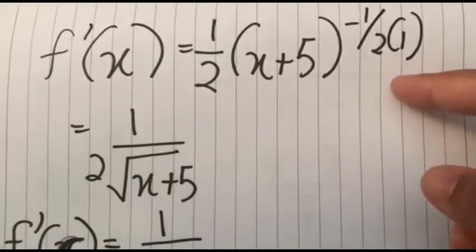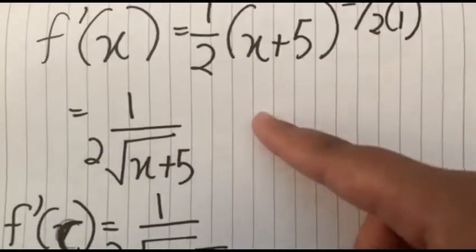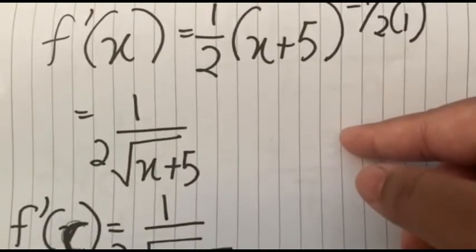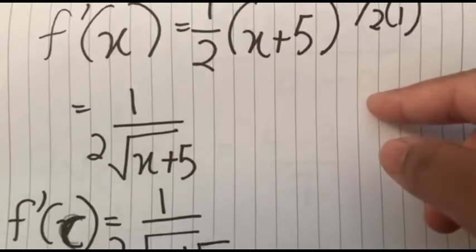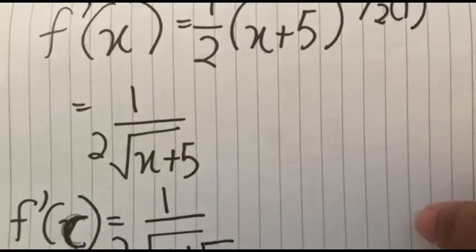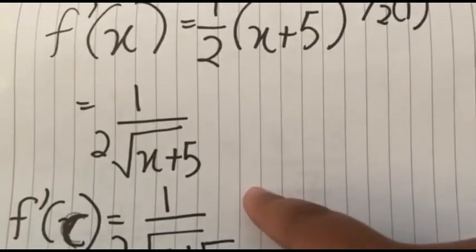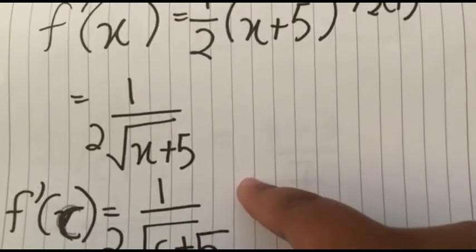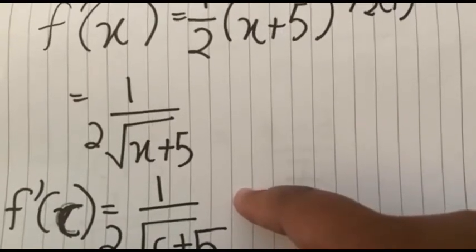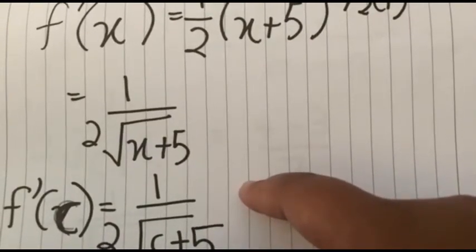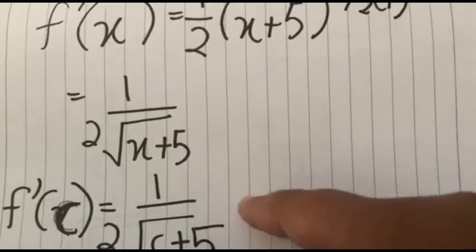So after differentiation, the result will be 1 / (2√(x + 5)). It goes the same as f'(c), because we substitute the c in f'(x).